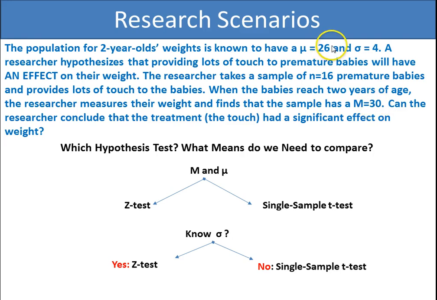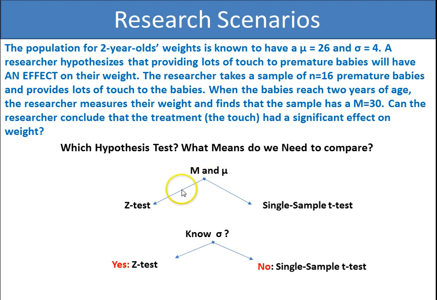So we want to compare the population mean of 26 for all the babies who were not touched to the sample mean of 30 for the babies who were touched. So what means do we need to compare? Well, we need to compare a sample mean and a population mean.